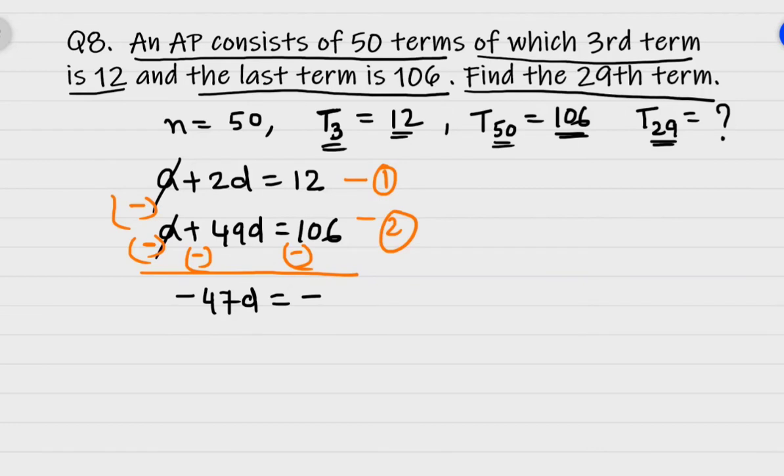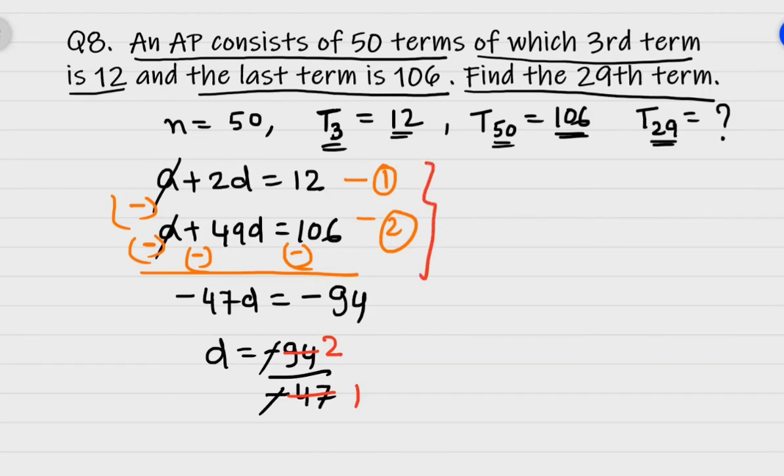See, 106 minus 6 will be 100, and again you take out 6, so you will be left with 94. So d will be equal to minus 94 by minus 47, and minus minus gets cancelled, and you know children, 47 ones are 47 and 47 twos are 94. Now you have got d is equal to 2.